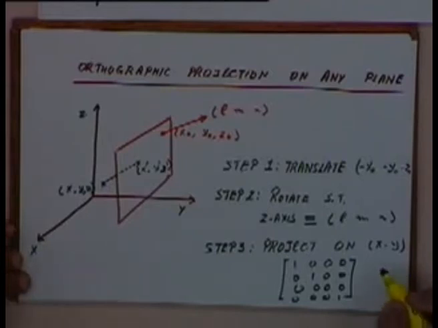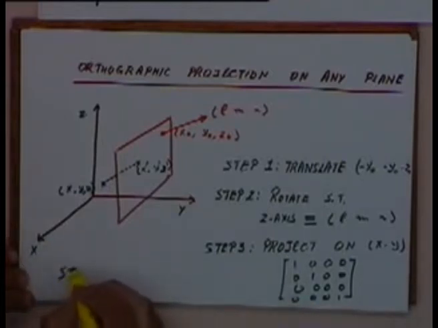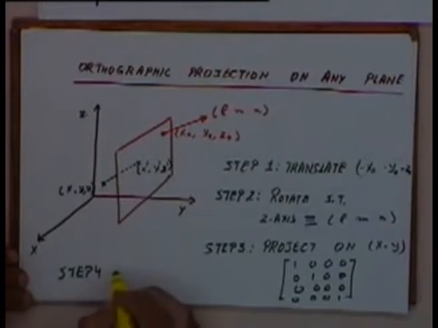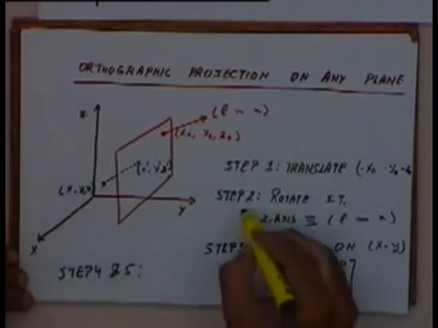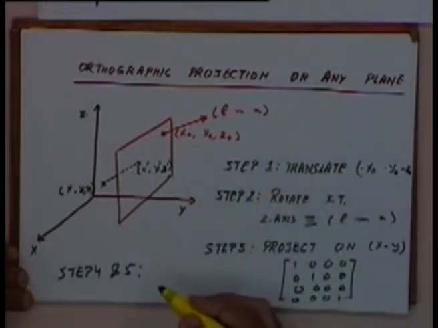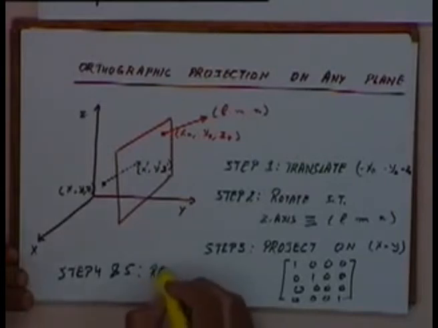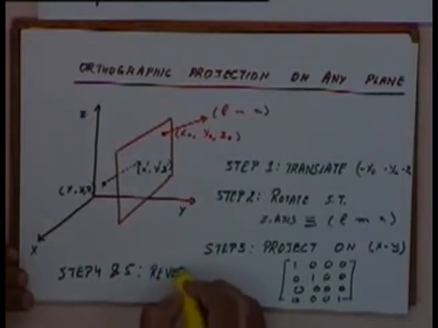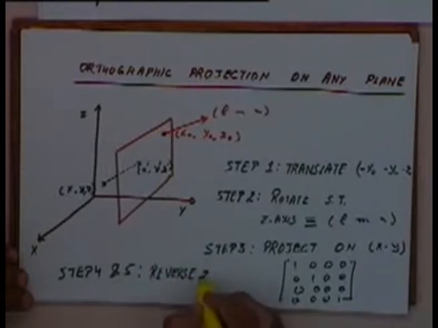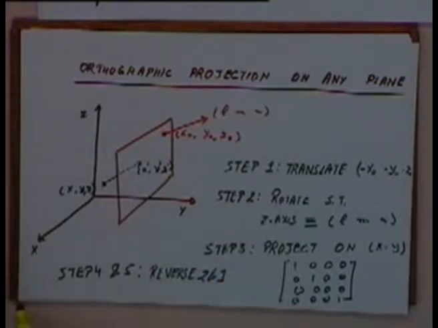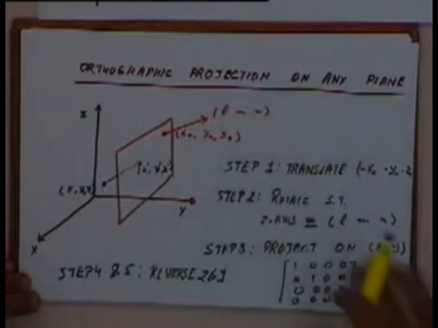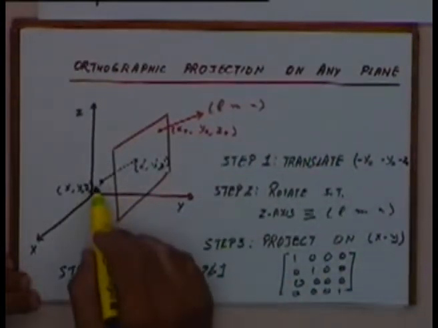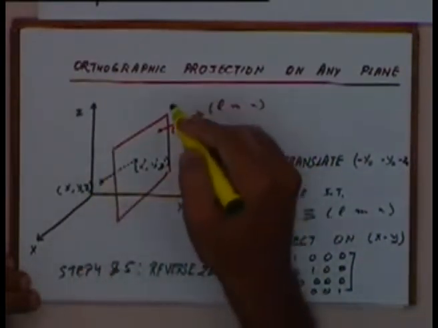And then steps 4 and 5 would be reverse of steps 2 and 1. So by a sequence of these 5 transformations, we will be able to get the orthographic projection of any arbitrary point xyz on any arbitrary plane.